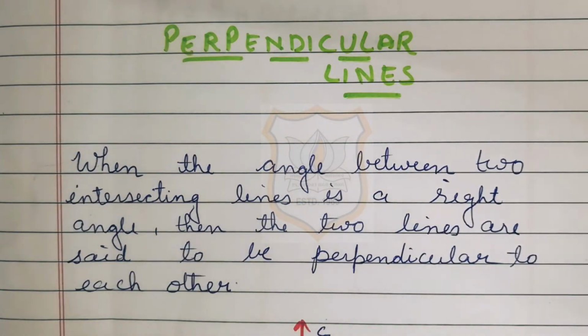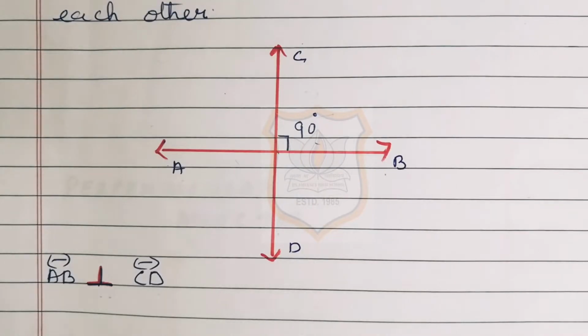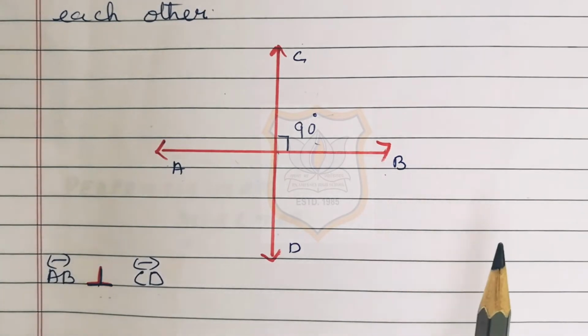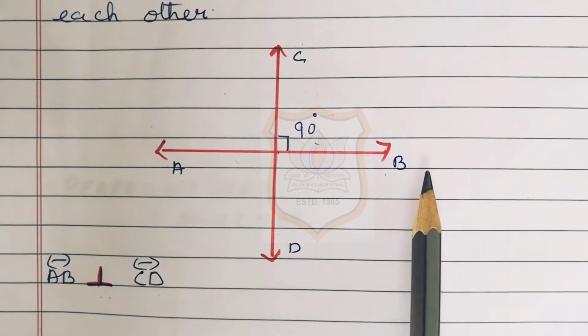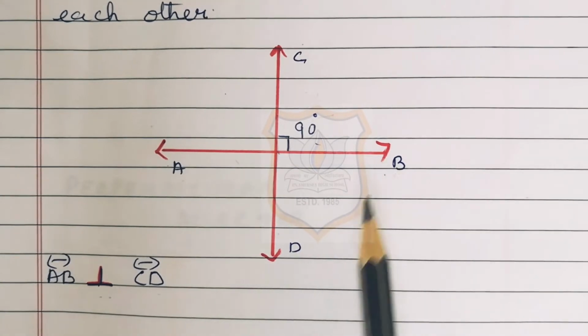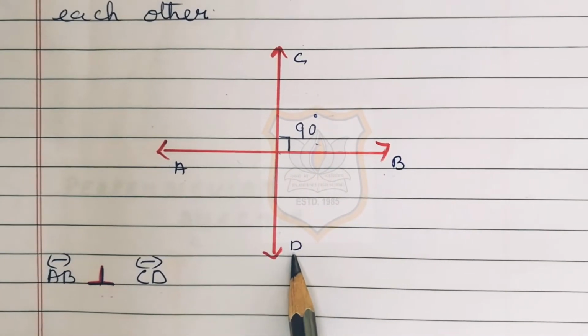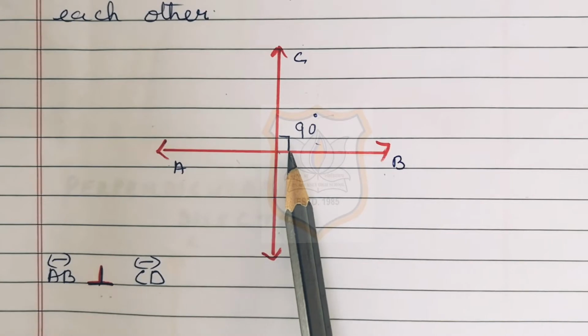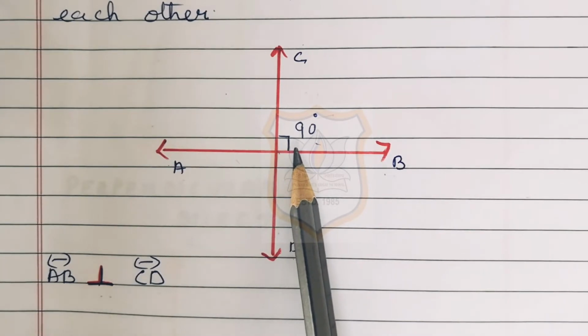It states that one line is at the right angle to another line when they meet at a point. I will explain this with the help of an example. The two lines here are line AB and line CD. They intersect at a point, and the angle between these two intersecting lines is a right angle.